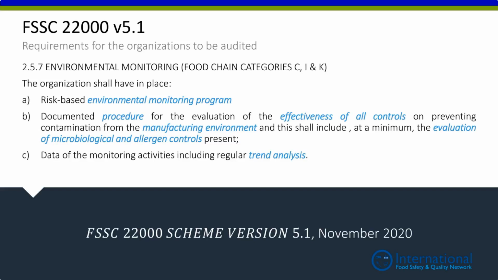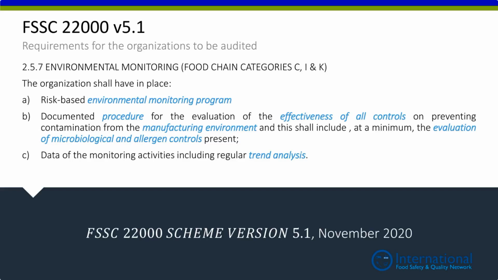So in this case, the requirement is quite similar to the requirement in the GFSI, saying the organization shall have in place a risk-based environmental monitoring program, a documented procedure for the evaluation of the effectiveness of all controls on preventing contamination from the manufacturing environment, and this shall include, this is very important to remember, at a minimum the evaluation of microbiological and allergen controls present.